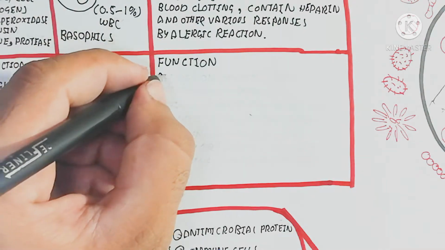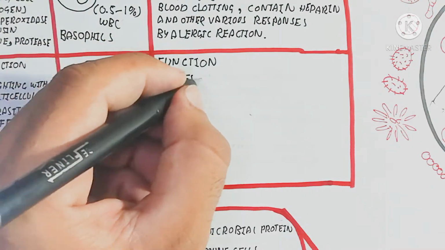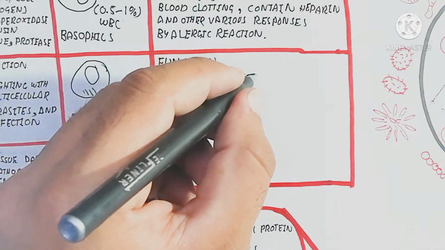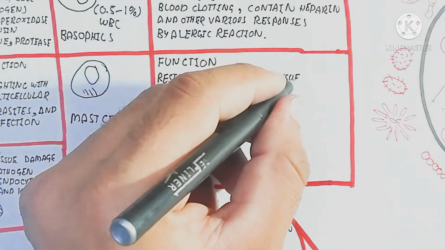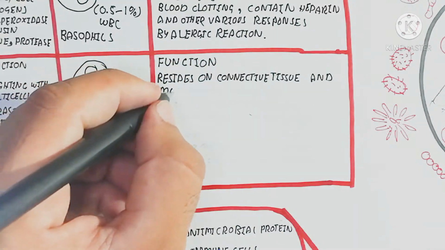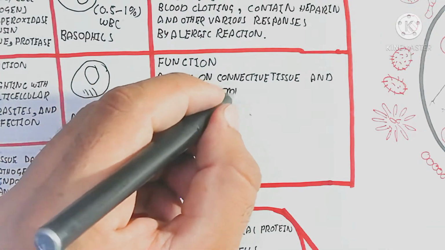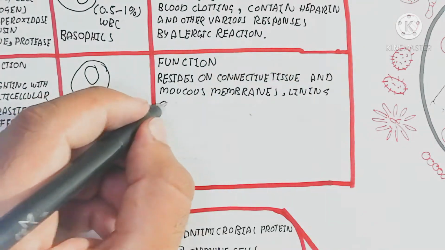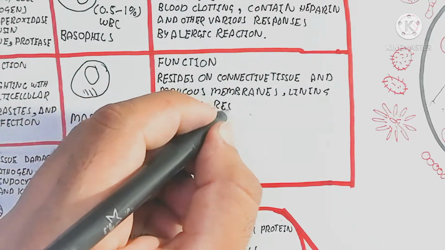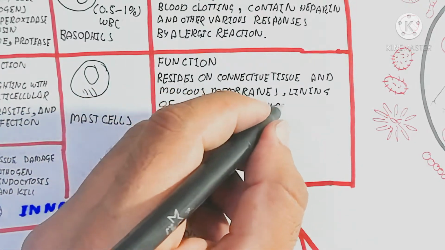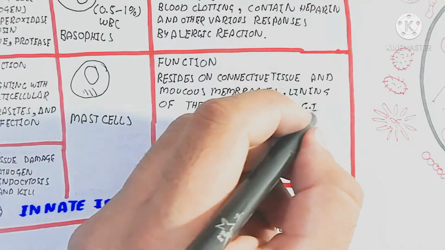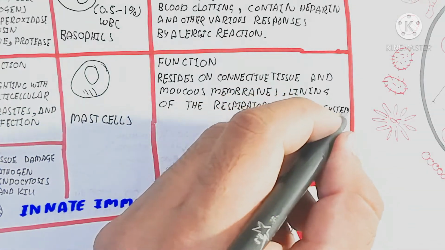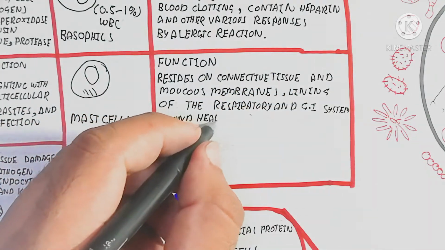So here is the mast cell. The mast cell contains histamine and heparin, which means it facilitates the movement of neutrophils and macrophages to the blood vessel. It resides in connective tissue and mucous membrane, and in the lining of the respiratory tract and gastrointestinal system.